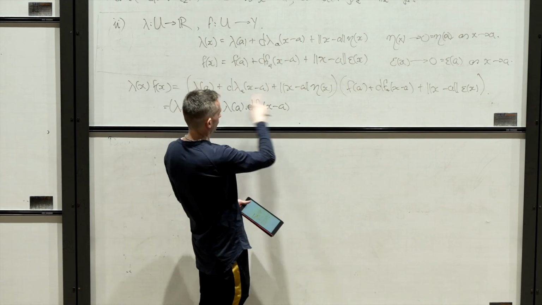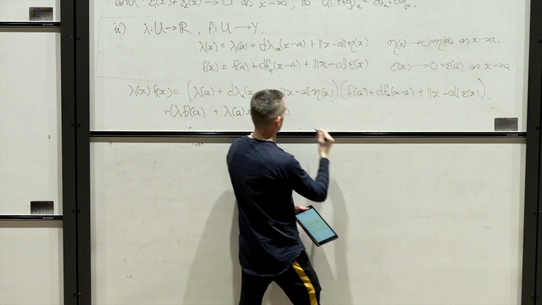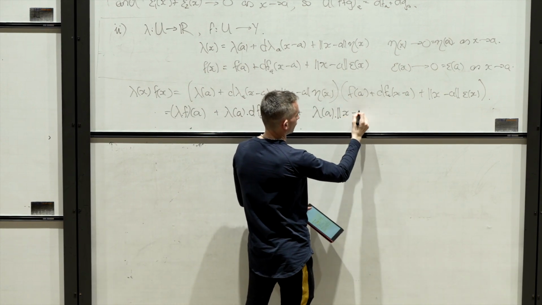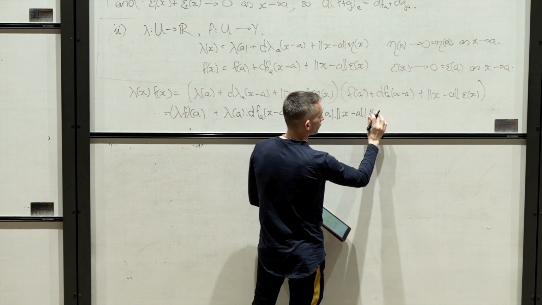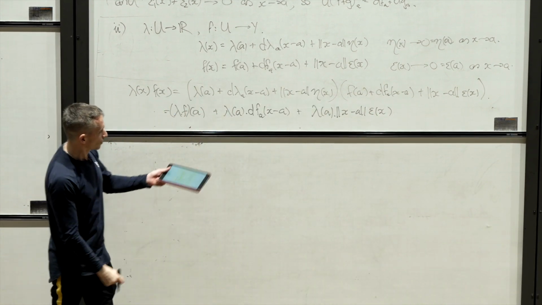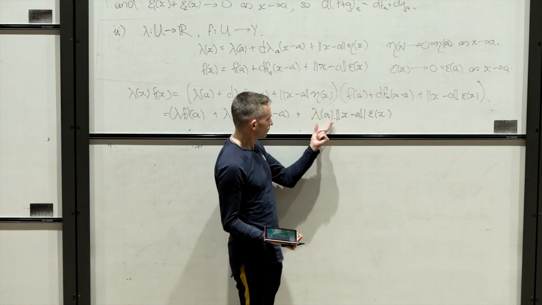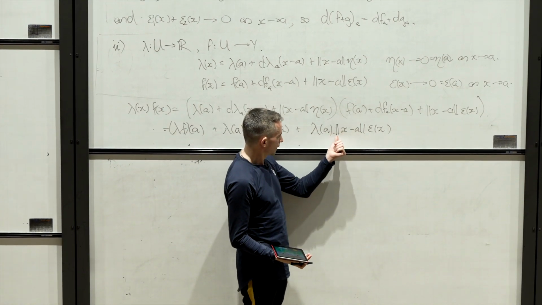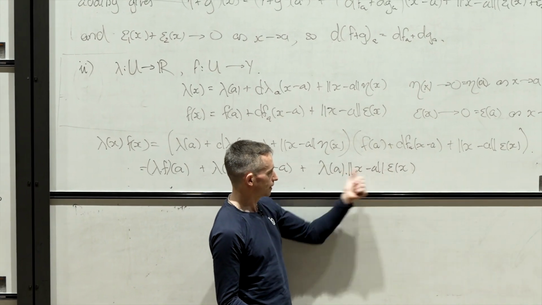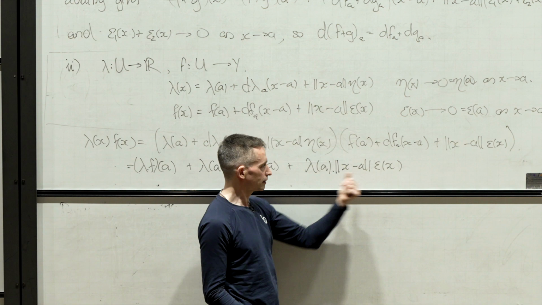And then I get lambda of a times this, and that's not in what I was calling part of the derivative, but that's okay because certainly as x goes to a, this is the norm of x minus a times something that's a scalar times something going to 0.